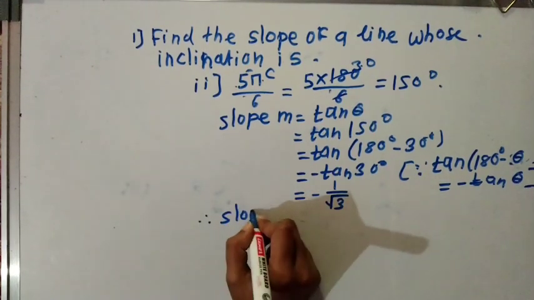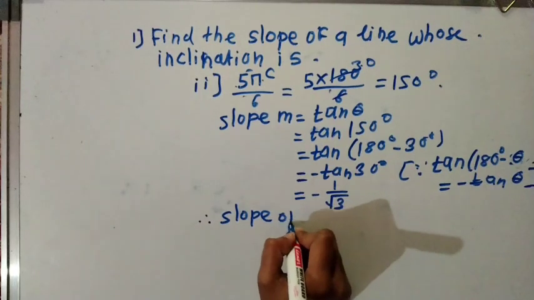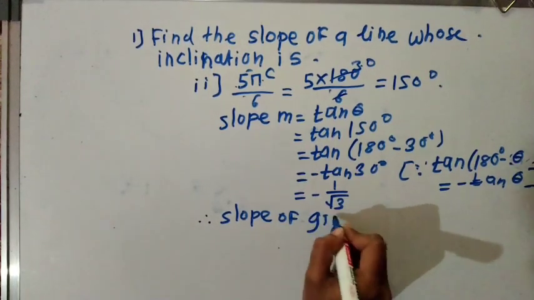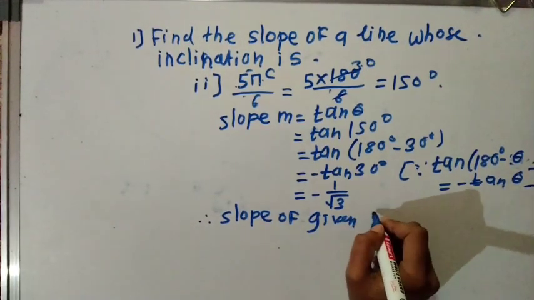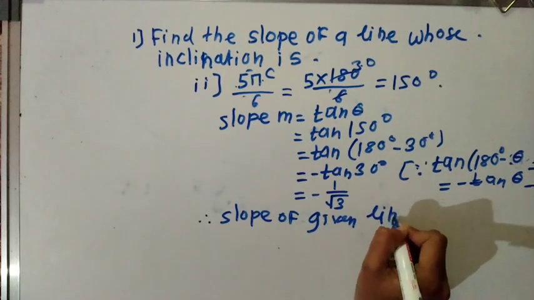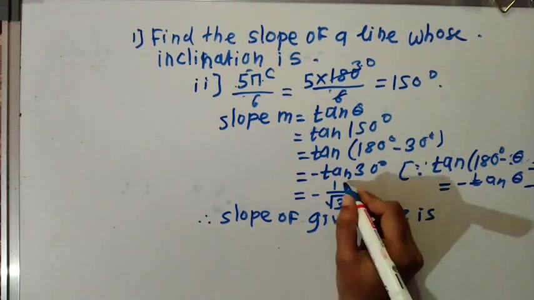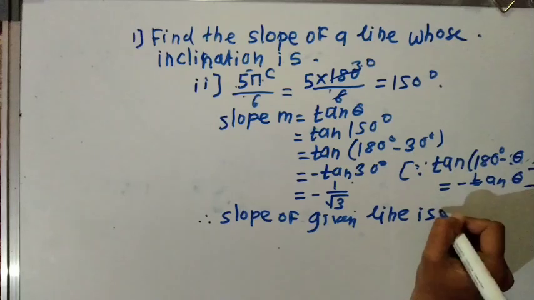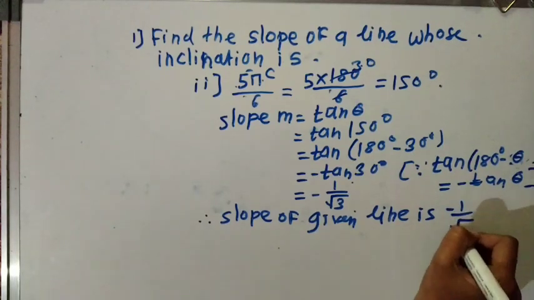Hence the slope of the given line is minus 1 upon root 3.